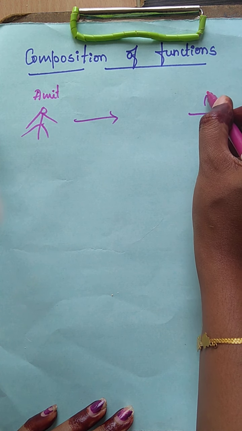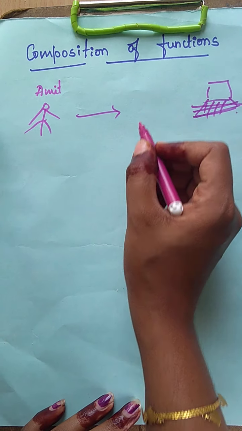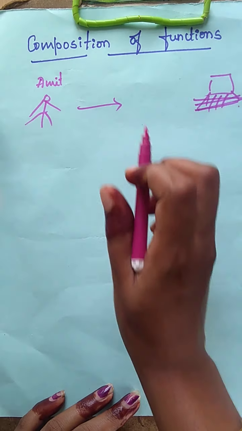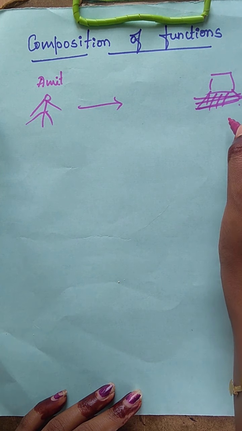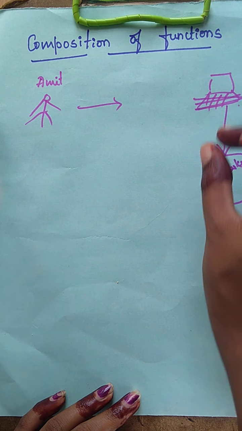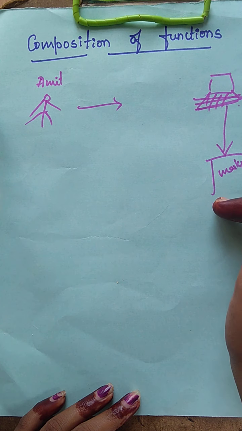So we'll have a computer. But in order to get the marks, the computer needs to know the roll number. It cannot give the marks unless it knows the roll number. Only the roll number is fed into the computer. So if you know the roll number, you'll get the marks.